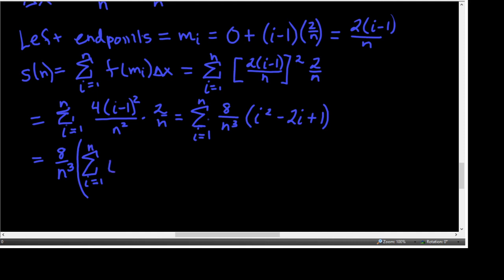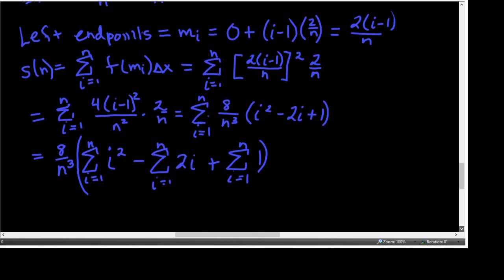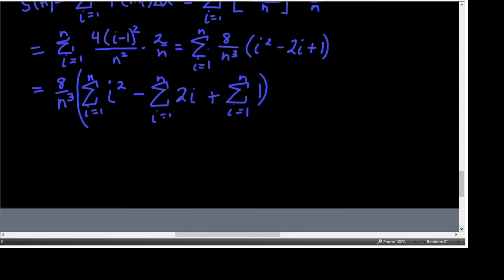Sigma of the first thing, i squared, minus sigma of the second thing, 2i, plus sigma of our last term, the constant 1. All right, this does get to be algebraically pretty challenging. Ooh, and I'm almost to the end of this page. I'm going to see if I can squeeze this in, finish this example.